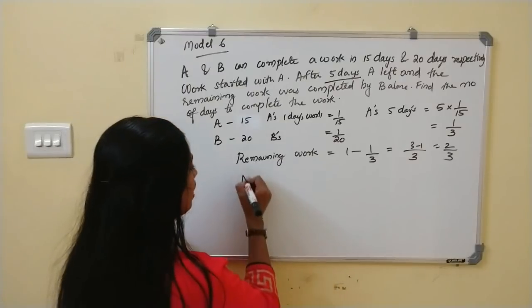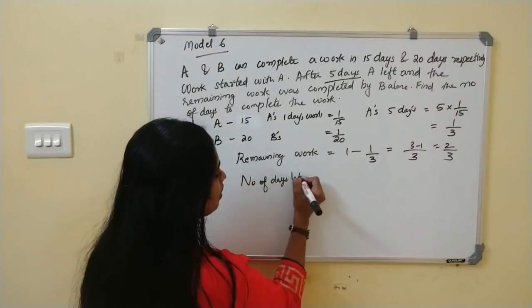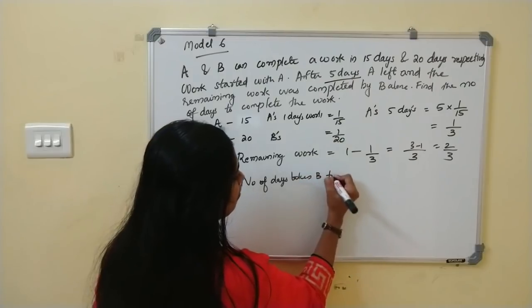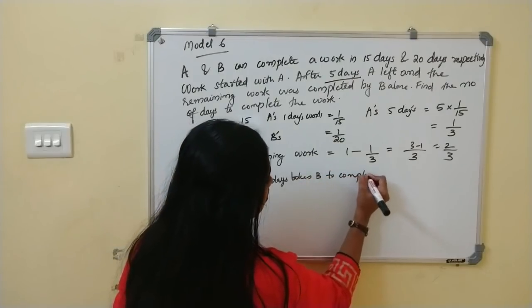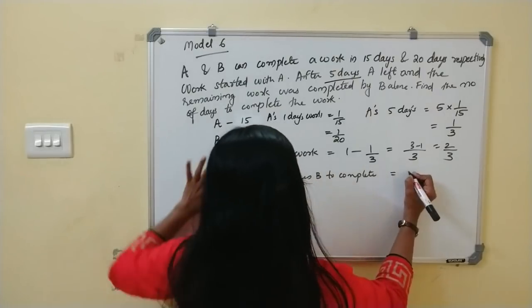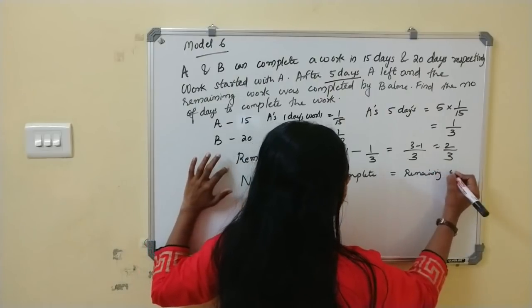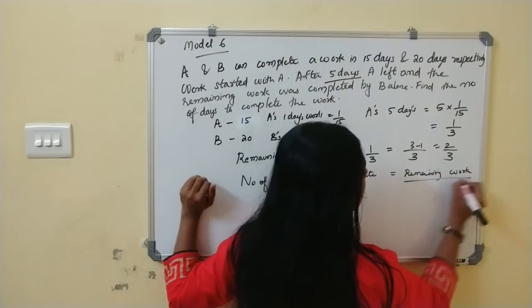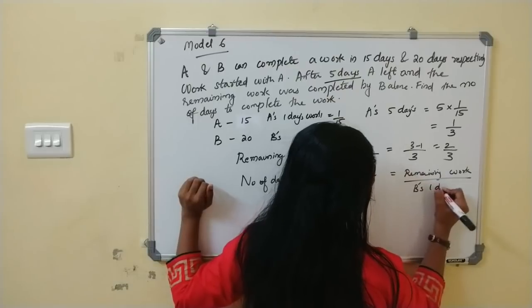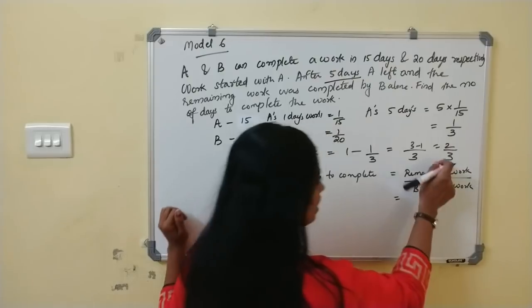So the number of days taken by B to complete the remaining work is given by remaining work by B's 1 day's work, where the remaining work is 2 by 3.